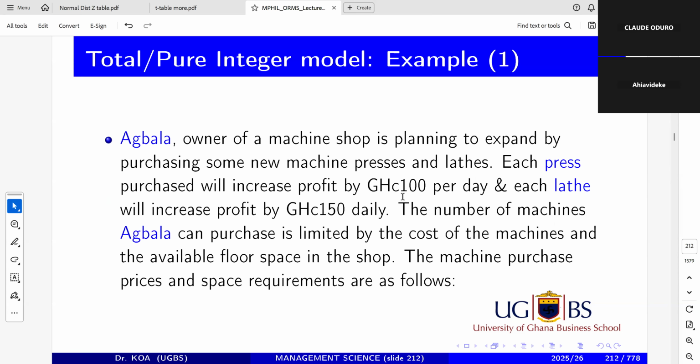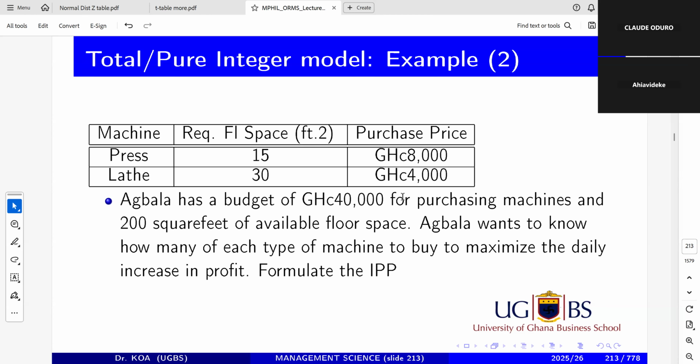Yes, Doc. The objective function will be Z max equals 100x1 plus 150x2. What is the next constraint, after the objective function? The constraints will be 15x1 plus 30x2, no, 8,000x2 is less than or equal to 40,000.